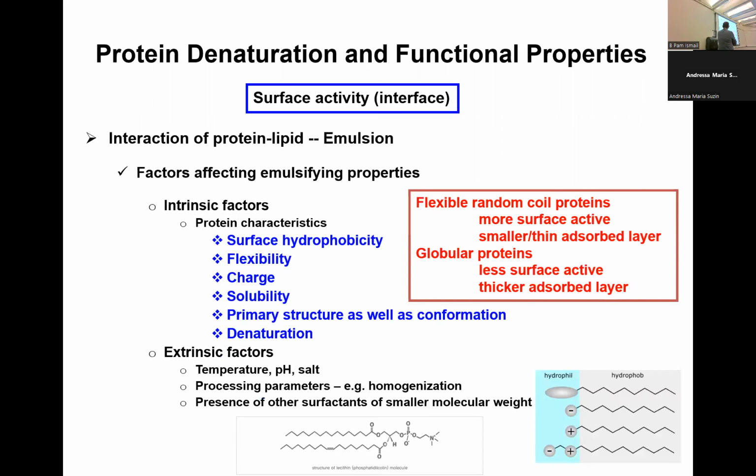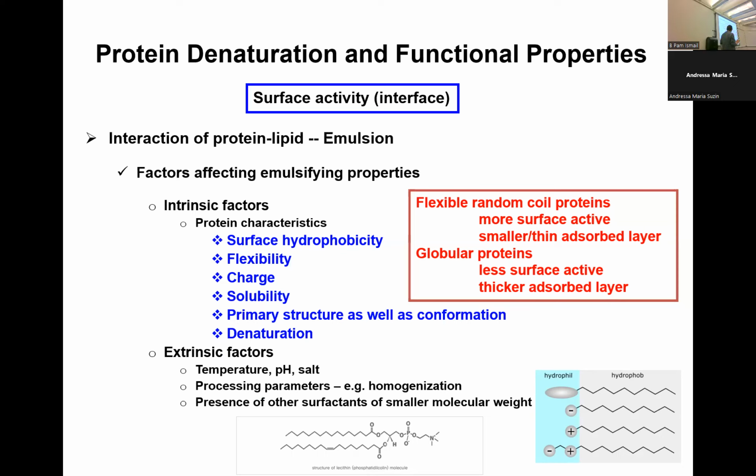Extrinsic factors are obviously temperature, pH, and ionic strength. Sometimes you want to denature the protein a little bit, especially if it's a globular protein, so heating the protein a little bit can help. You don't want a high pH or low pH because you don't want the protein to be too charged; then you won't form the nice film and get the nice interactions between proteins to form a film around your oil droplet.